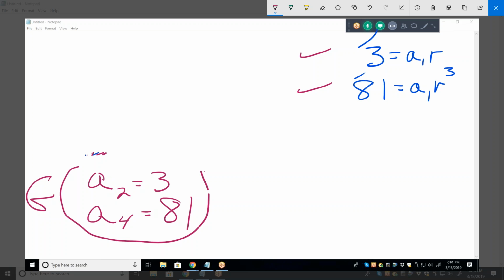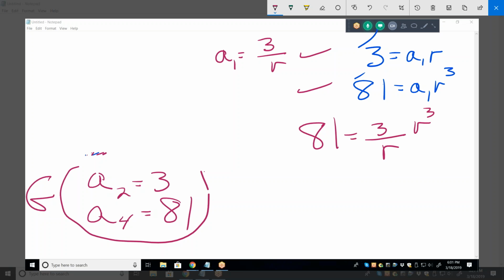Solve the first one for a sub 1. Okay, so would I divide? Right. Now substitute. Use substitution. So in place of a sub 1 in the second one, I'm going to substitute 3 over r.